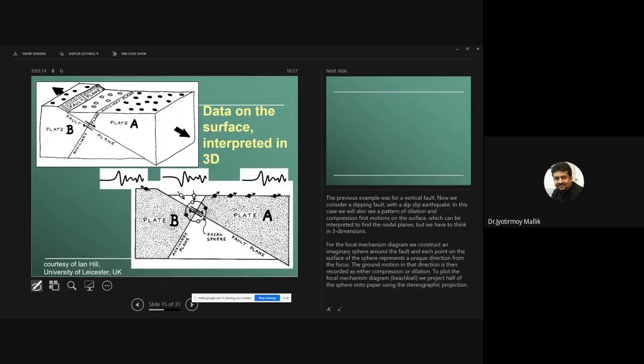The in between stuff is dilational and both sides we have compression. Is that clear? Sir, in the stereo net, the empty part represents dilation. The empty part represents dilation, yes. That's what I said now.